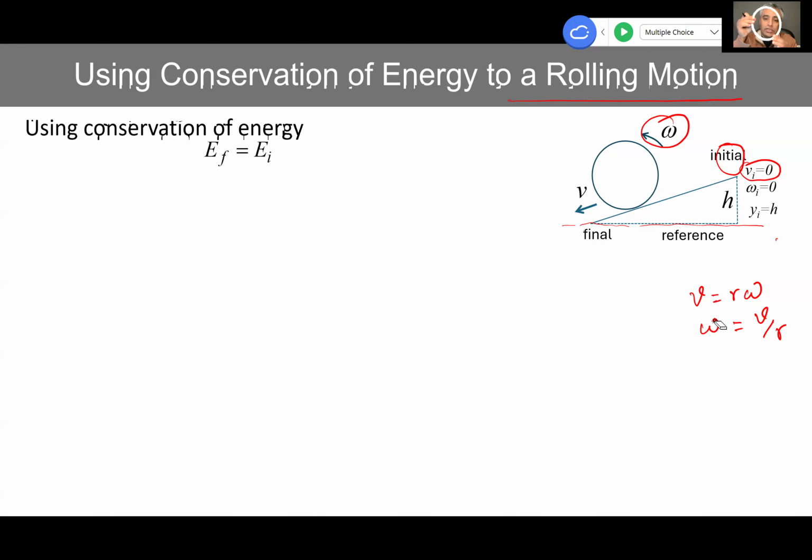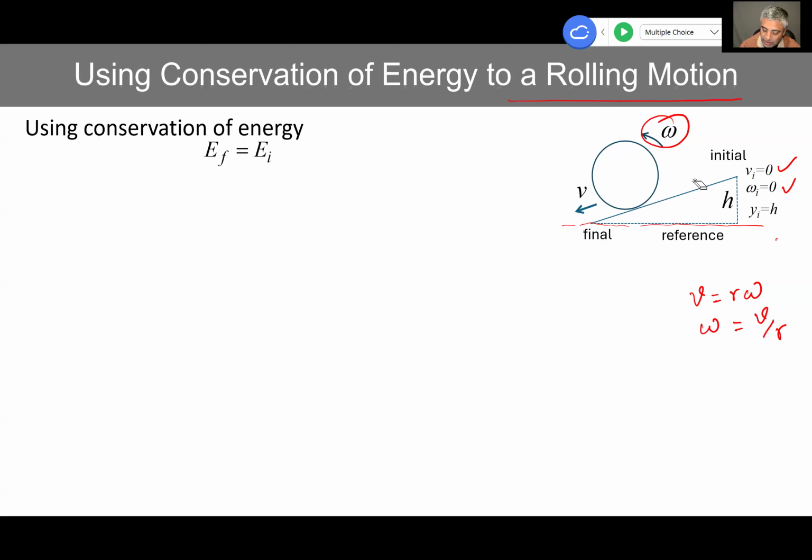When it's not rolling, that means it's not moving and not spinning either. So both of these are 0 at the beginning, translational speed and rotational speed. Both of them are zeros. And then initial position, whatever the height of this ramp is, it starts from there. So let's say that is h.